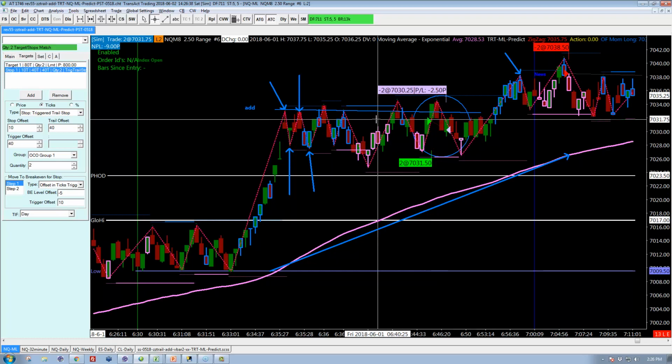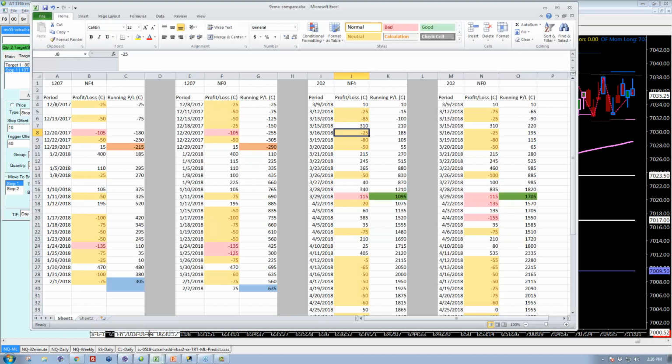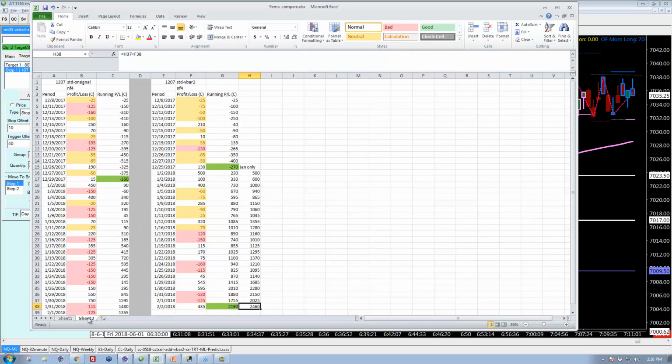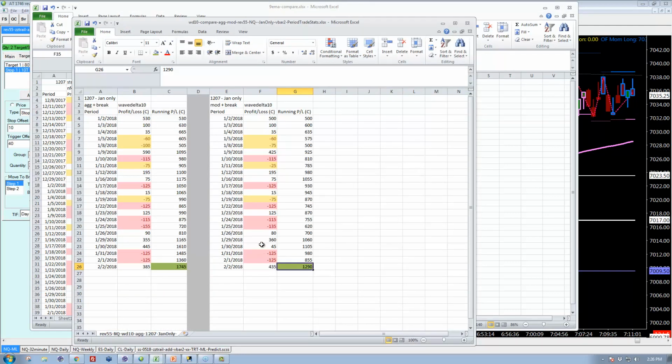Or what I haven't done yet is looked at these results here, profit P&L. Looked at these results, particularly the good results, like the 29th and the 30th, and compared it to this. Okay, so there's a good example.